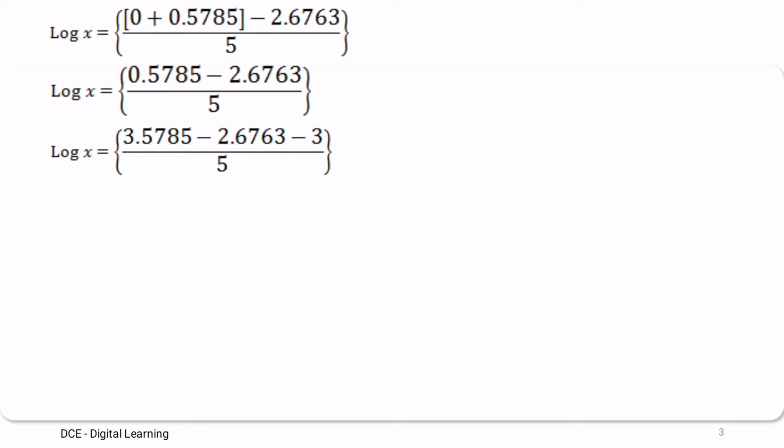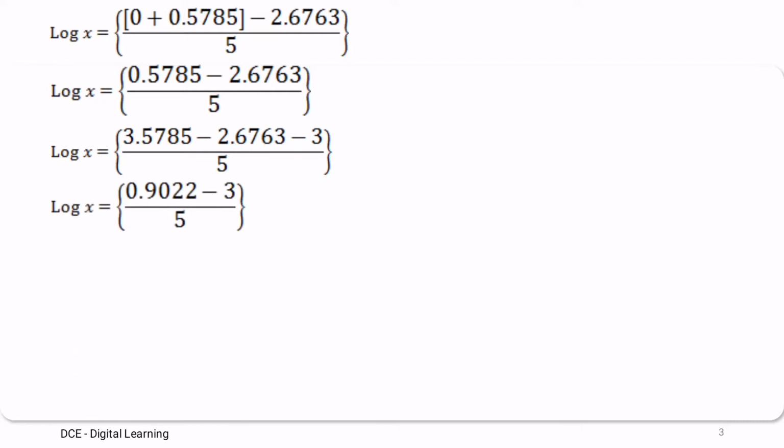This becomes 3.5785. This minus 2.6763. Now 2.6763 can be deducted from 3.5785. Because I have added a value of 3 to the 0.5785, in the end I deduct 3. So 3.5785 minus 2.6763 minus 3.